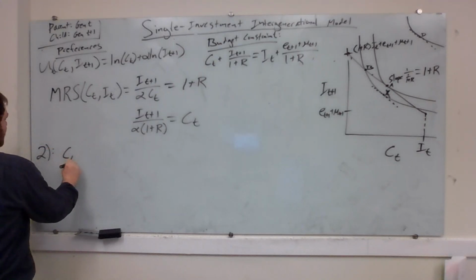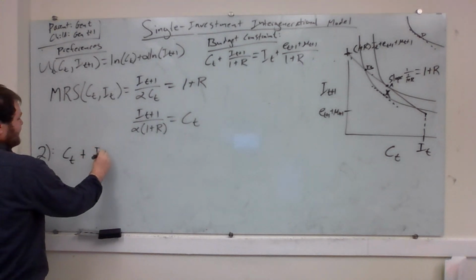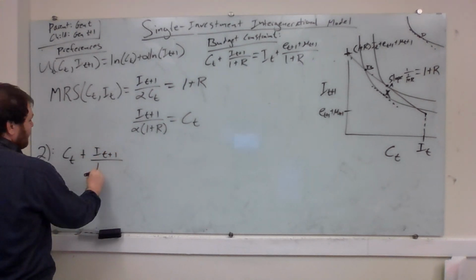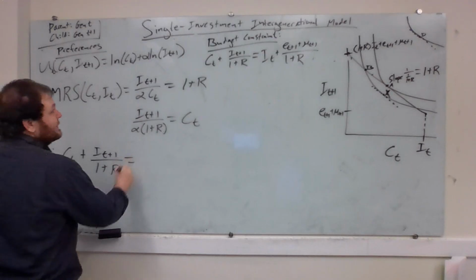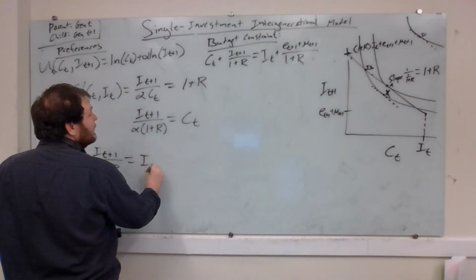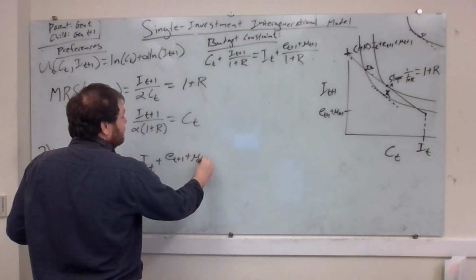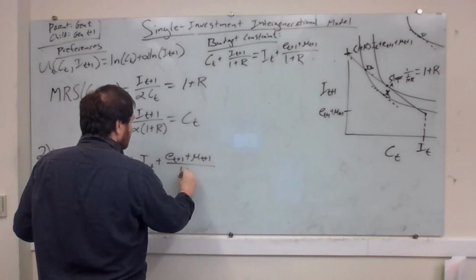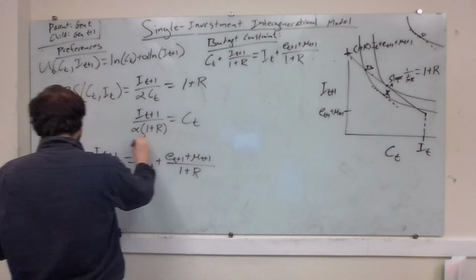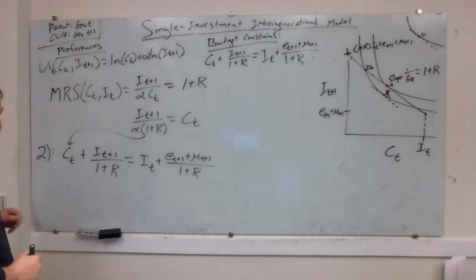So we're going to say c_t plus i_t plus 1 over 1 plus r is going to equal i_t plus e_t plus 1 plus mu_t plus 1 over 1 plus r. We're going to take this and plug it in for c_t.